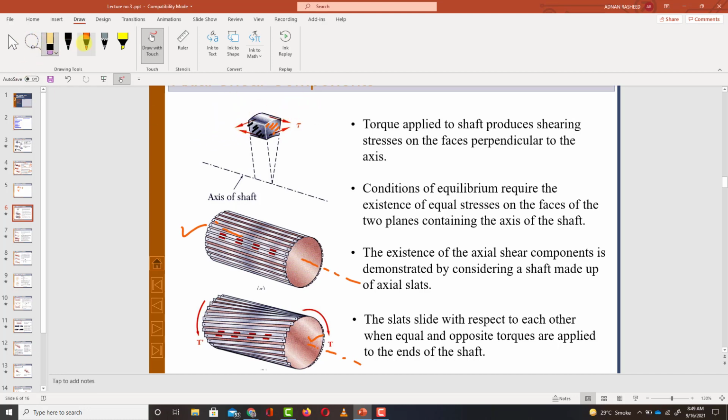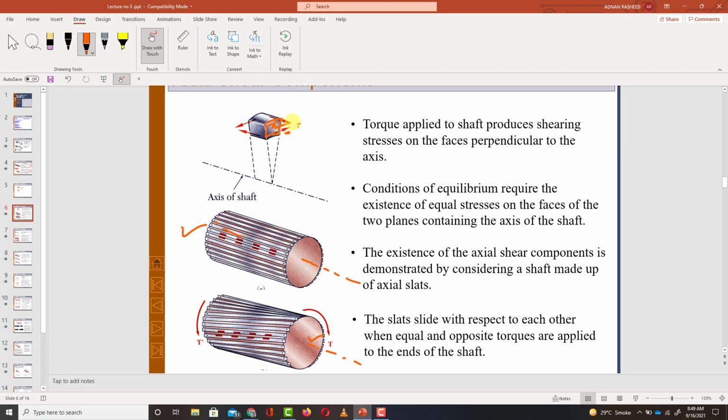We have already discussed that any face that is perpendicular to the shaft axis, like this face, will have a shear stress on it, and this shear stress is represented as tau.